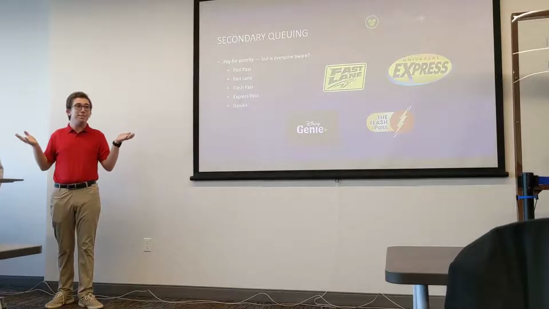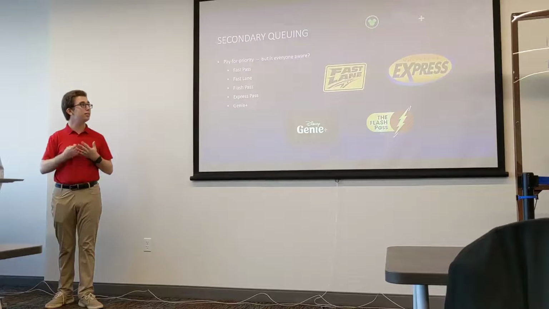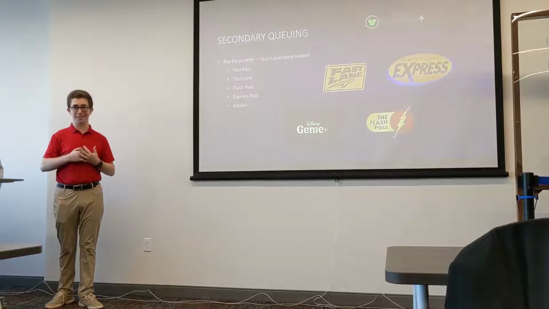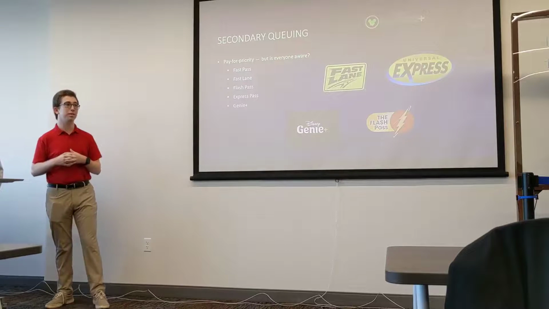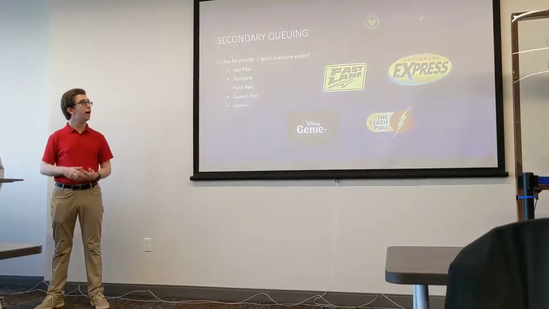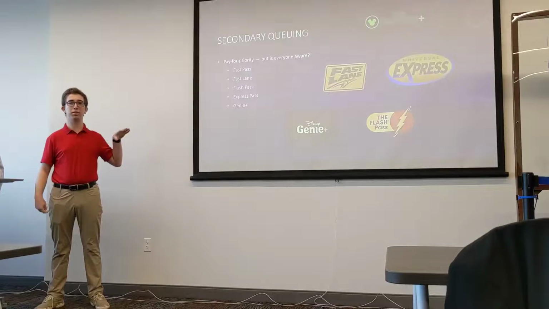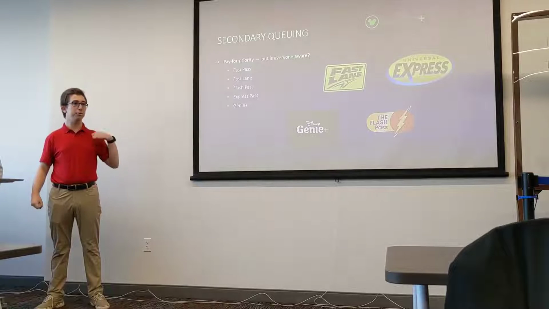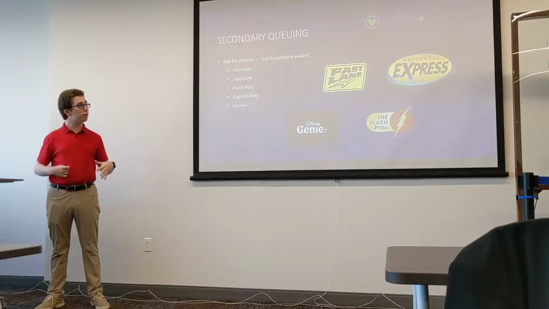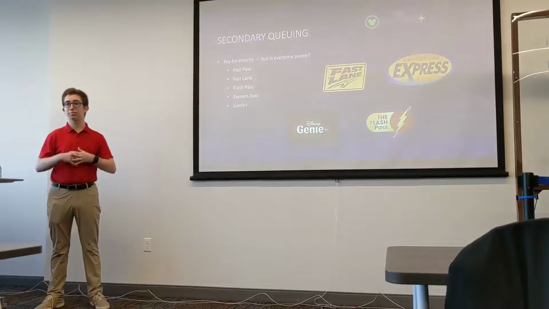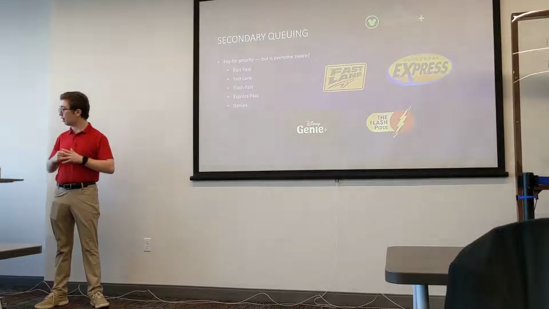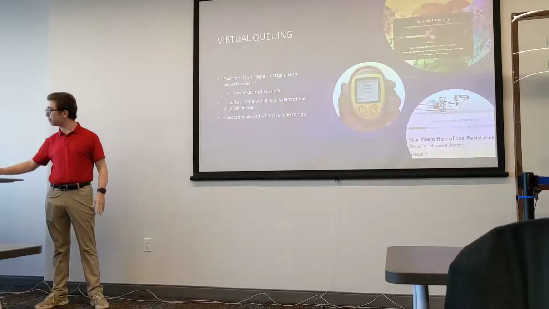I would say yes, but a poll has said that no, actually. People don't know about certain programs, and obviously these are some of the more well-known ones, but some parks that have implemented the pay for priority methods, people don't know about them.